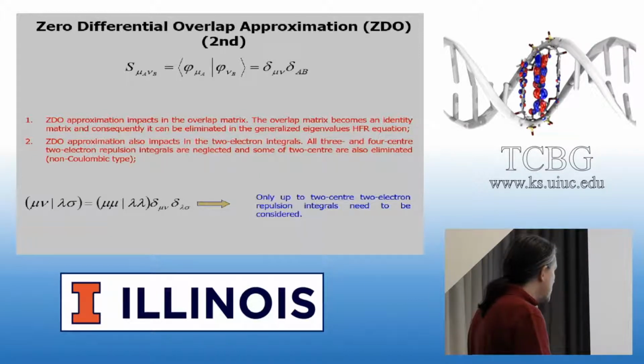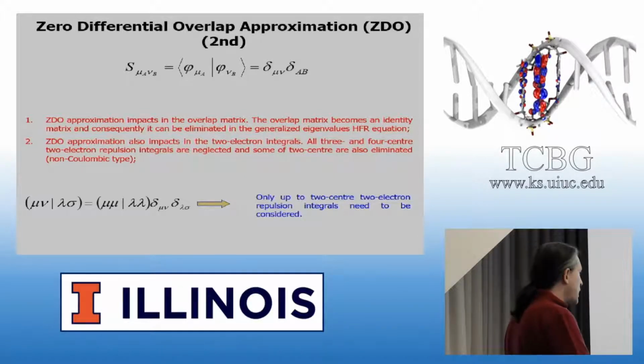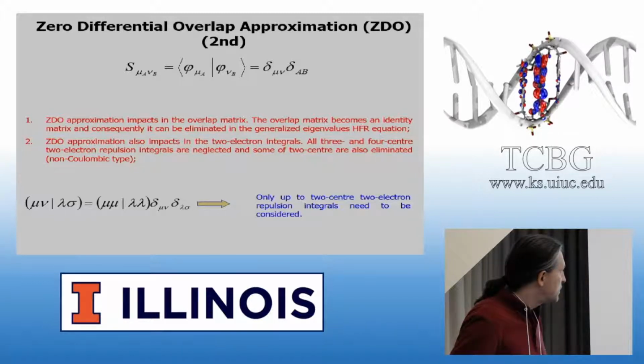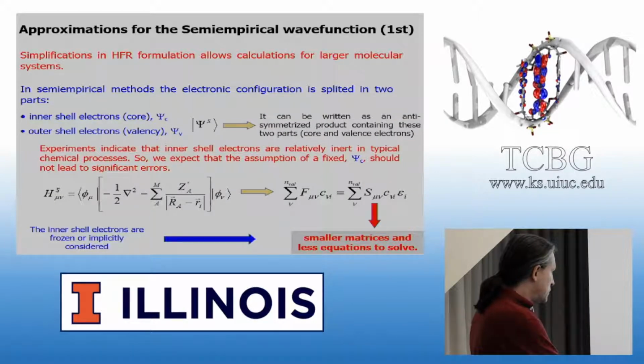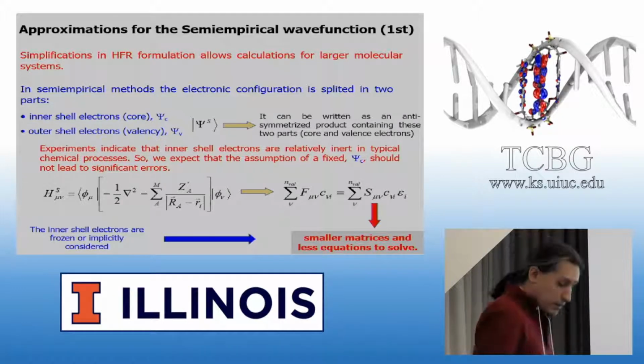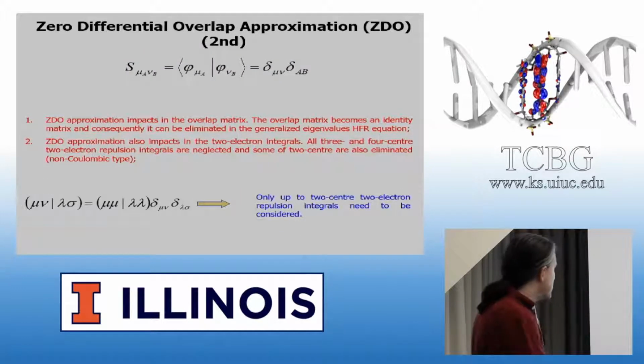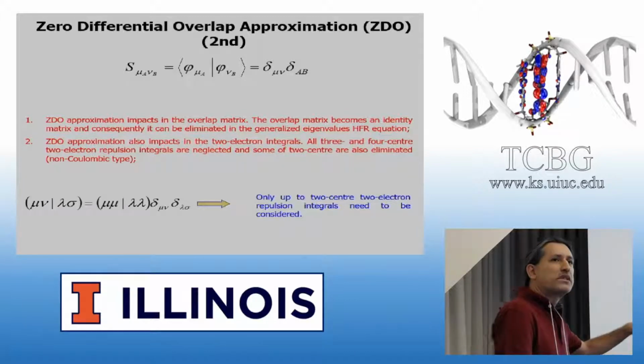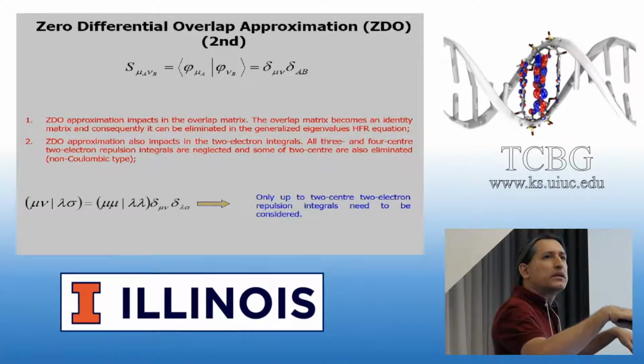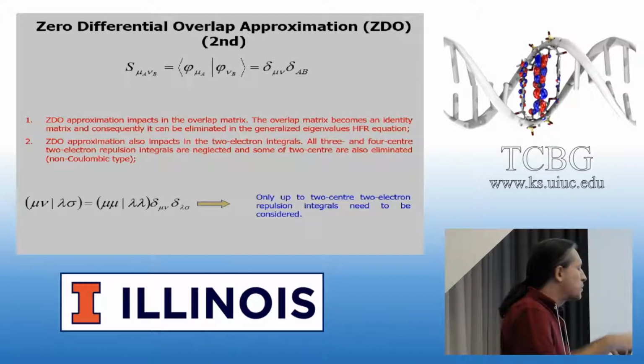Because in a symmetrically orthogonalized basis set, when you do this type of transformation to solve this equation, naturally the four-center and the three-center two-electron integrals become close to 0.